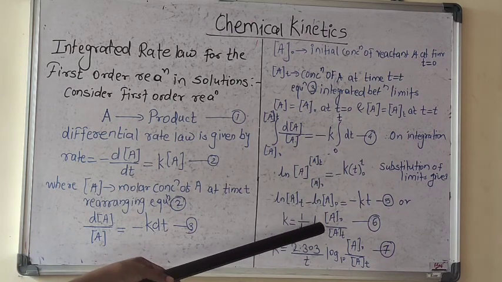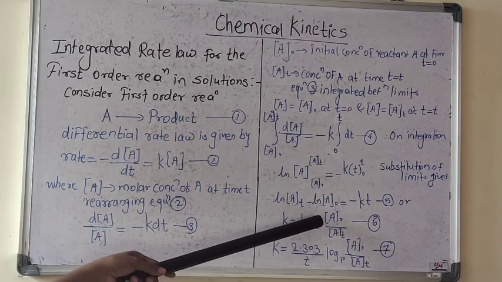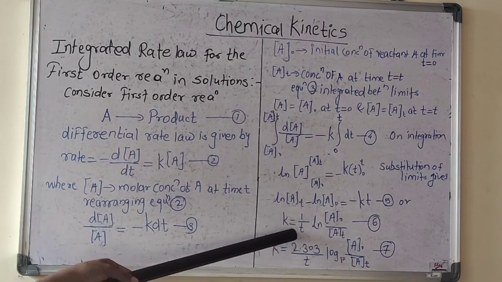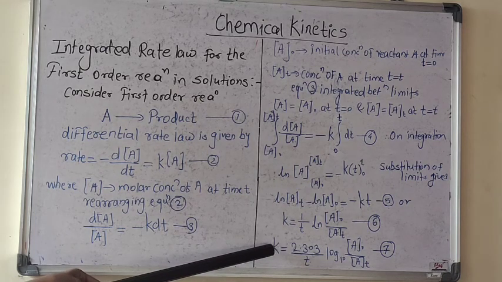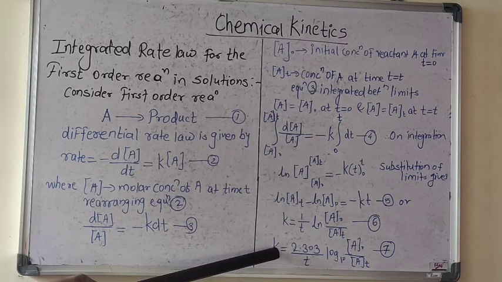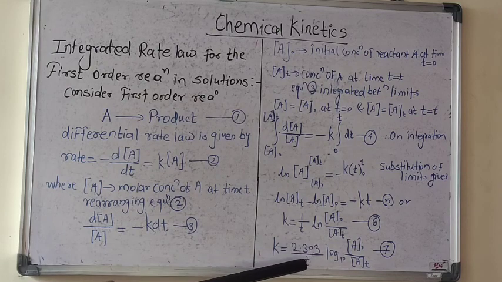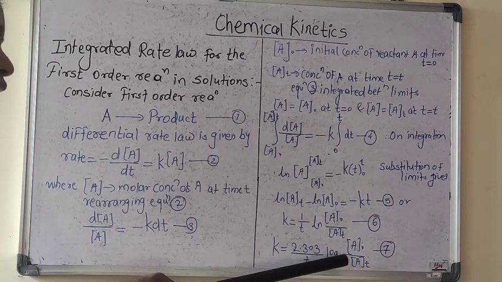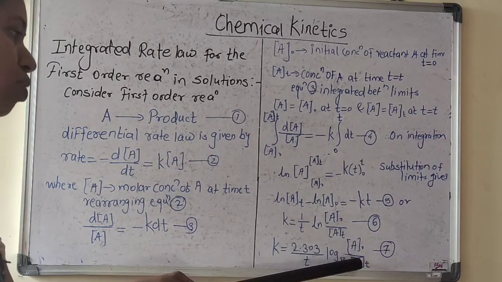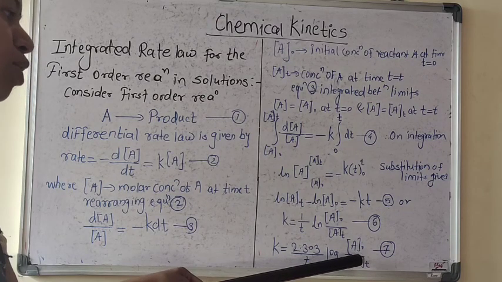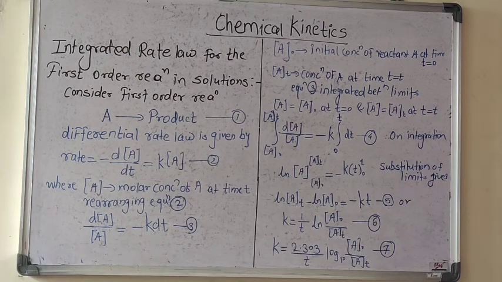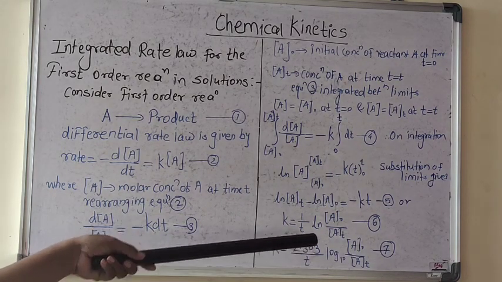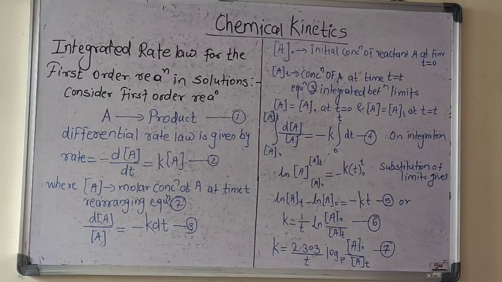Now if ln is converted to log to the base 10, it is multiplied by the factor 2.303. So we get the equation for the rate constant k equal to 2.303 upon t log to the base 10 of molar concentration of A0 upon molar concentration of At. This is equation 7. This equation 7 gives the integrated rate law for the first order reaction.